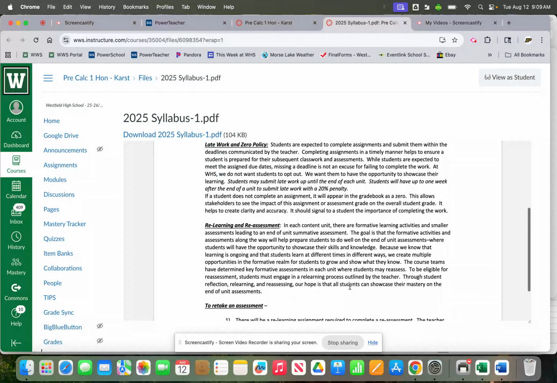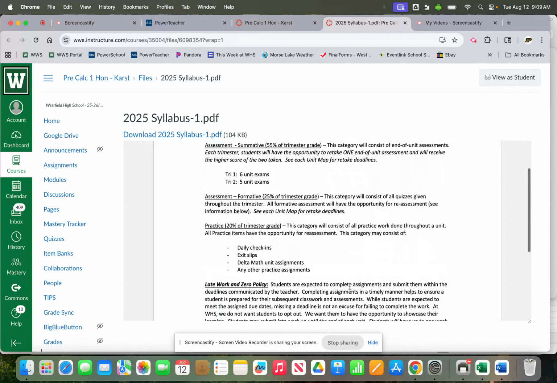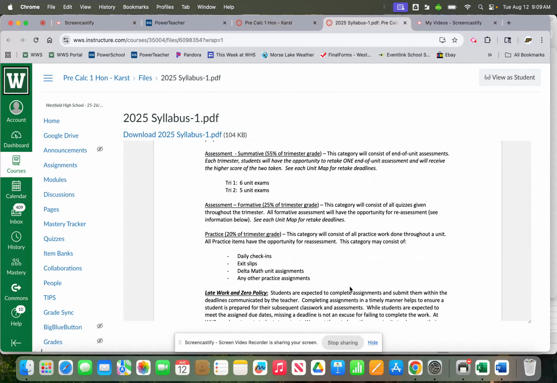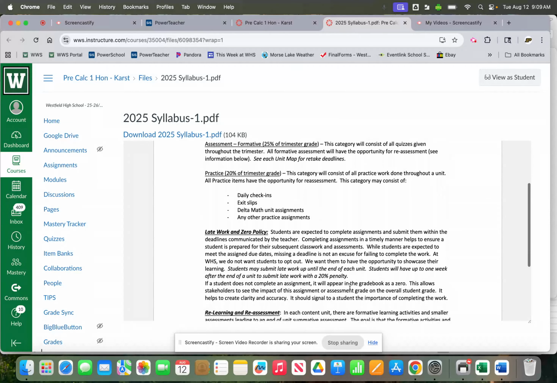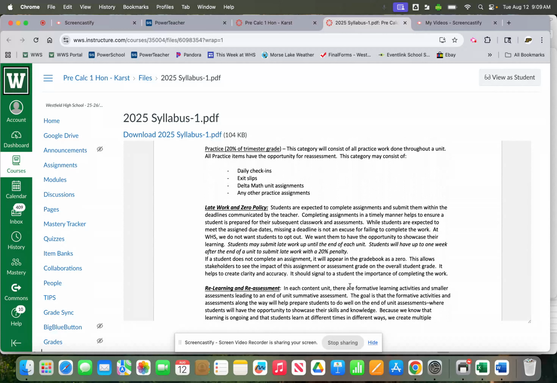With the check-ins, students will get the opportunity to re-engage in those as well. As I've been saying, that automatically gives them the higher of the two grades, which again should be the second of those as well. The other thing I want to talk about was just late work. Students will have until test day in order to take or make up any work that they need to do with no penalty.